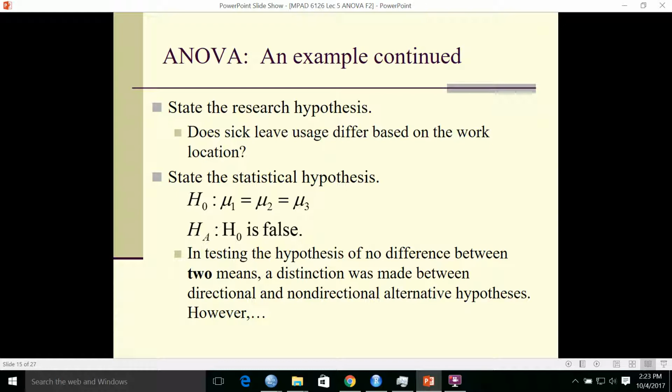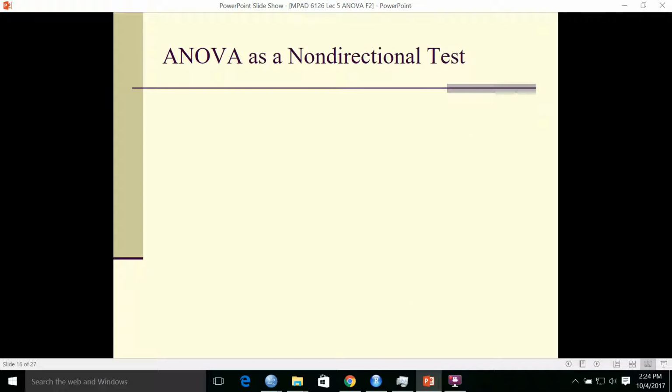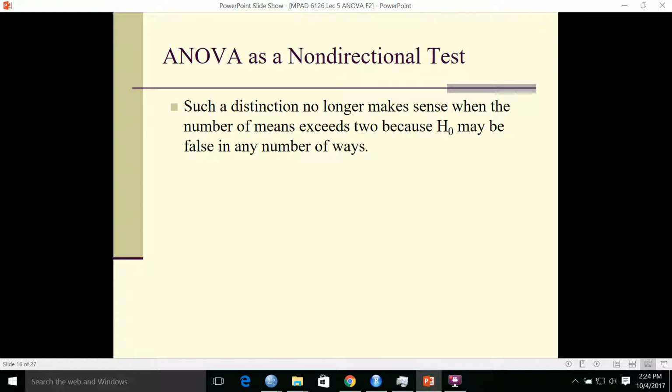In the ANOVA case, we're just saying that there is something that is different. So here is how I would actually like you to state the null and alternative hypothesis for ANOVA tests.